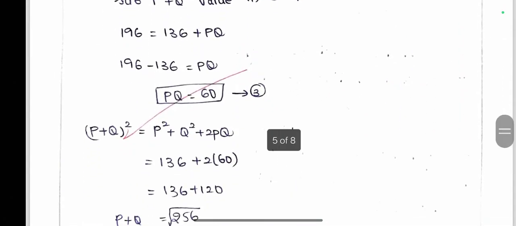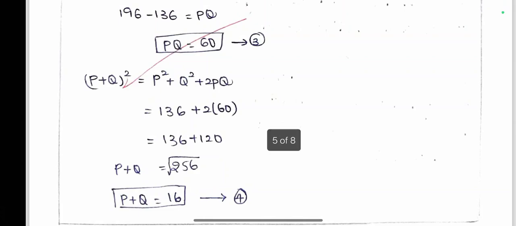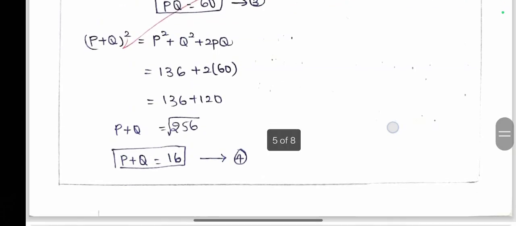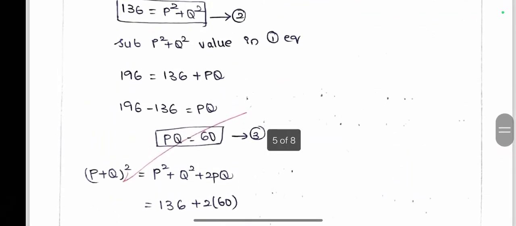From the formula, P plus Q whole square is equal to P square plus Q square plus 2PQ. So the P square plus Q square value we already know, 136. PQ value we know, 2 into 60, which is 136 plus 120. P plus Q is equal to square root of 256, which is P plus Q equal to 16 newtons.